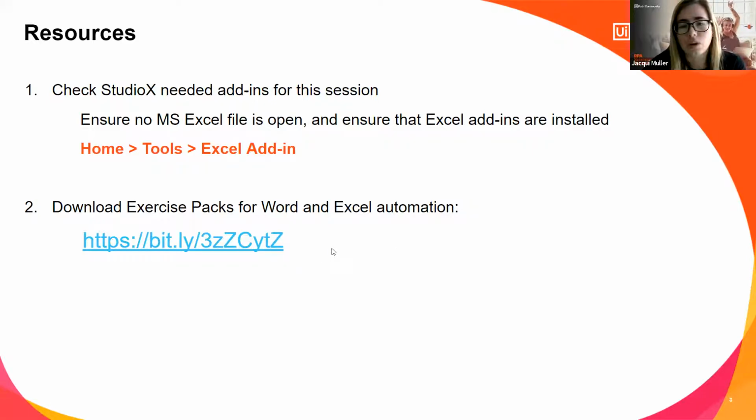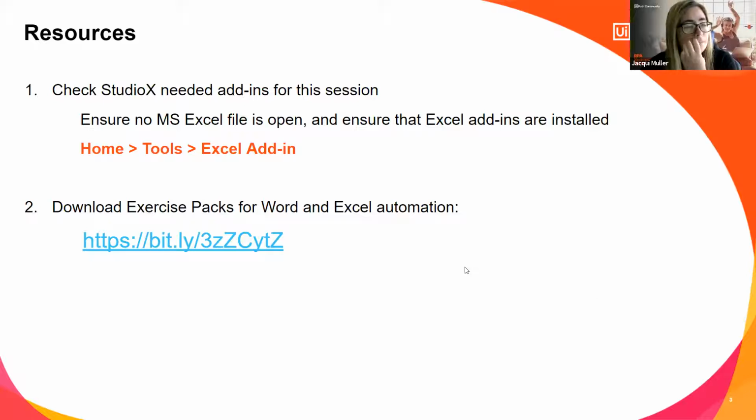Then for the work we're going to be doing today, you'll need to download the exercise pack. That's the demo and also the homework exercises, or at least the resources you'll need to complete those exercises. There'll be two different packs: the demo pack and the homework pack. Christina, would you mind posting the link in the chat, please?